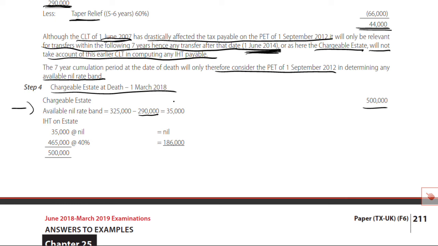So it's only 290 of the available nil rate band at the date of death of 325 that is deemed to be used, leaving not a lot, but at least £35,000 of nil rate band to go against the death estate. 35,000 out of the 500, leaving 465,000 to be taxed at 40%, and hence we compute the tax payable on death.